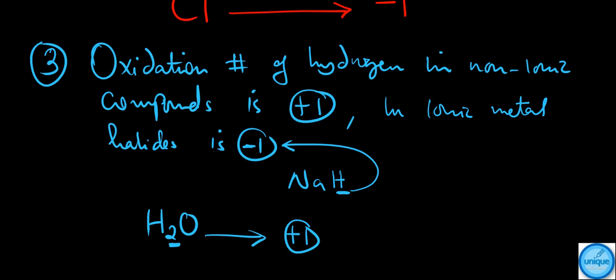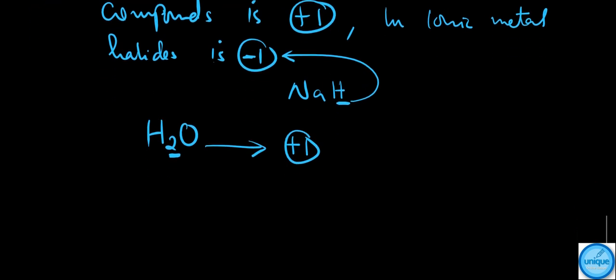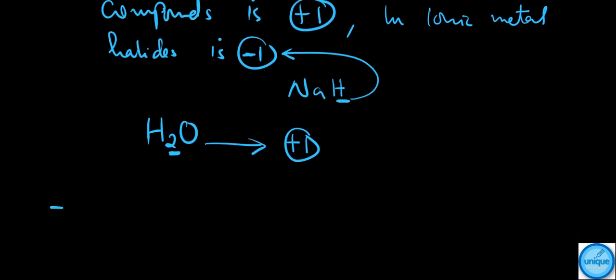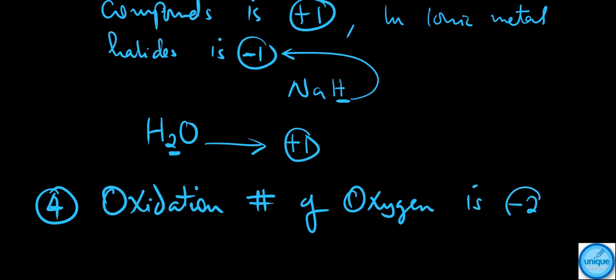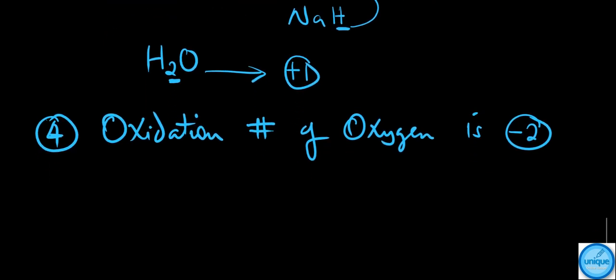Then, oxidation number of oxygen, rule number 4: the oxidation number of oxygen is always -2, except in peroxides.